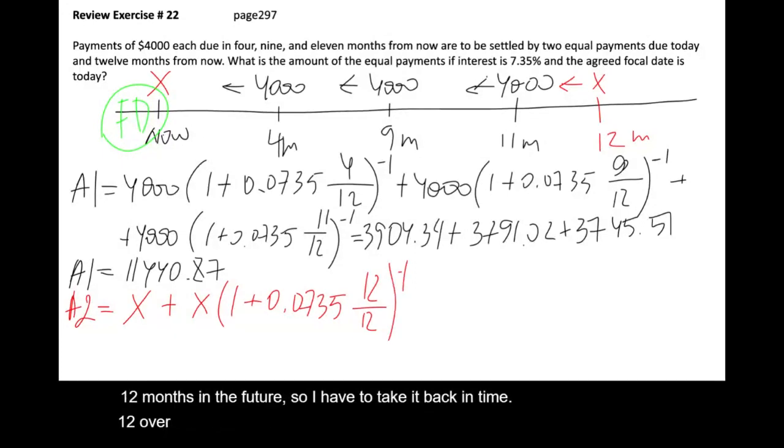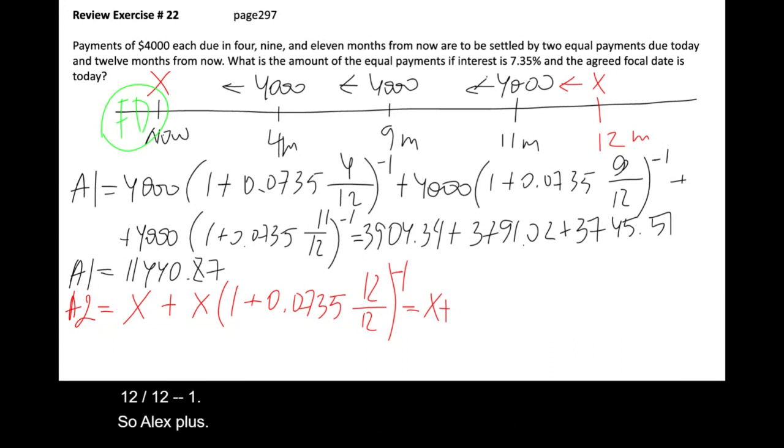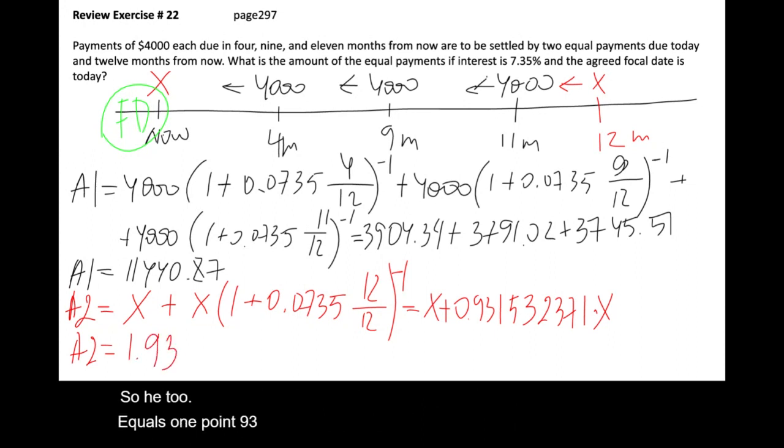So x plus 1.0735 to the power of minus (12/12) times x. So A2 equals 1.93 times x. And guys, remember that in front of x always stays what? 1, right?